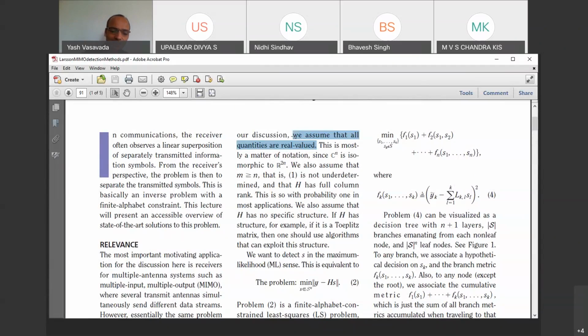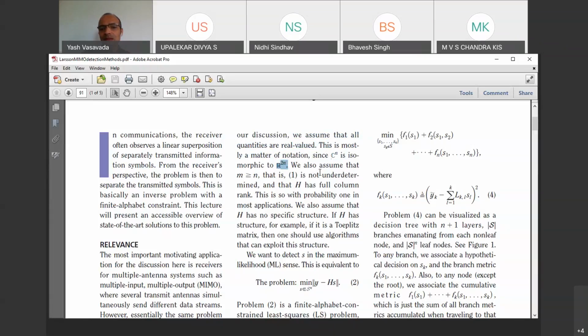Typically we consider QPSK or QAM symbols as complex valued, but we can also consider them as a pair of real valued numbers. So an n-dimensional space of complex numbers is equivalent to a 2n-dimensional space of real numbers.